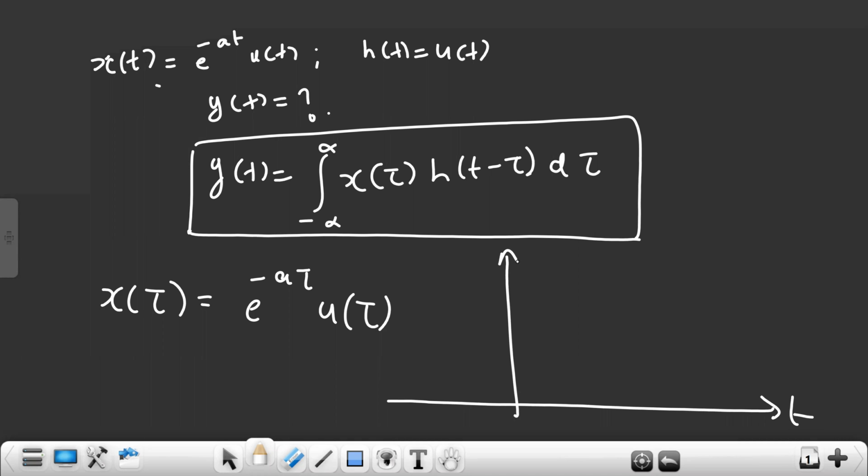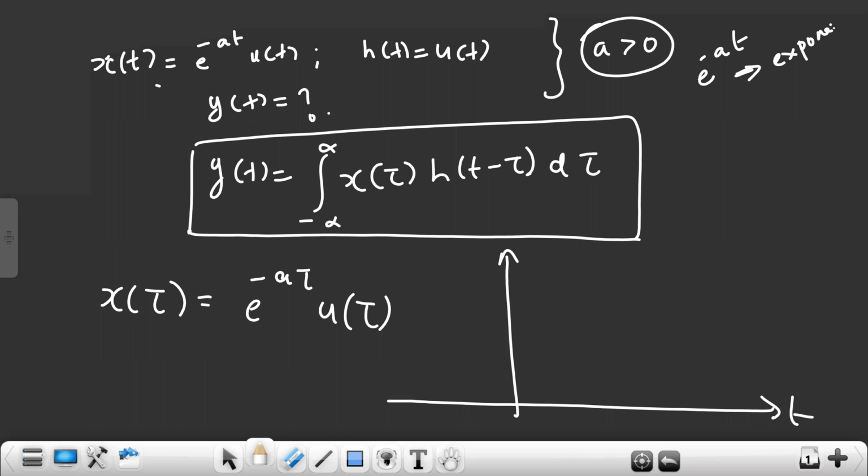In the question, they have also specified the condition for a, that is, a is greater than 0, meaning a is positive. So e raised to minus a t will be an exponentially decaying signal. Because a is positive, minus a will be negative, so the exponent will be negative. So we have to draw x of t in an exponentially decaying manner.